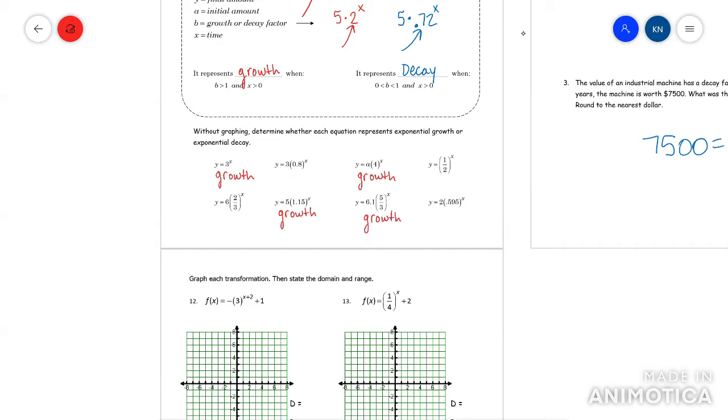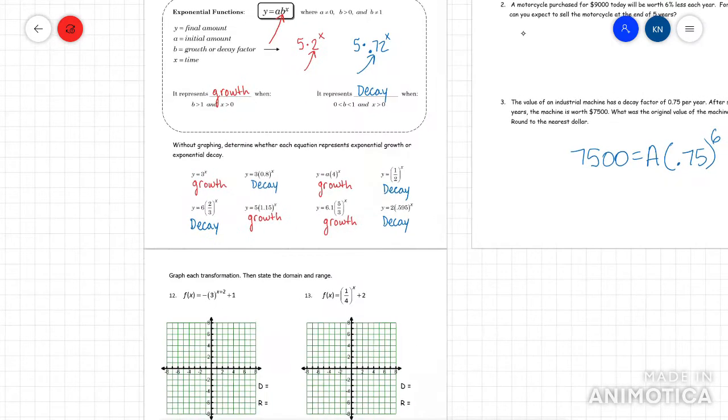That's like 1.67. Now all these others, like 0.8, would be decay. 1/2 would be decay. 2/3 would be decay. And 0.595 would be decay. So that's pretty easy so far.